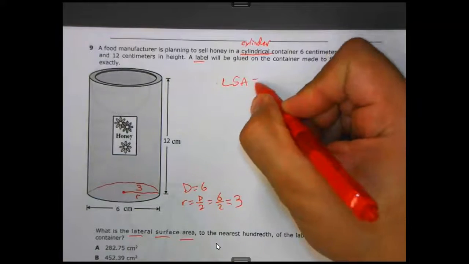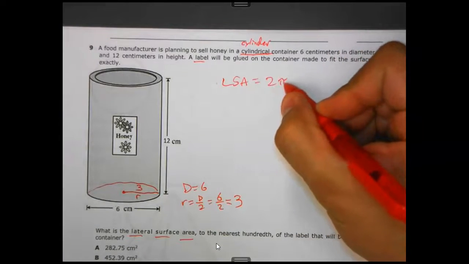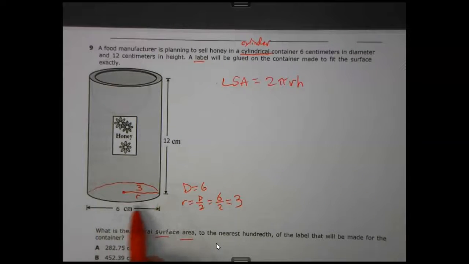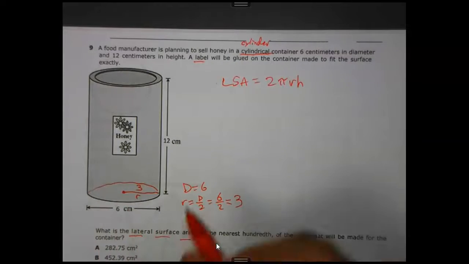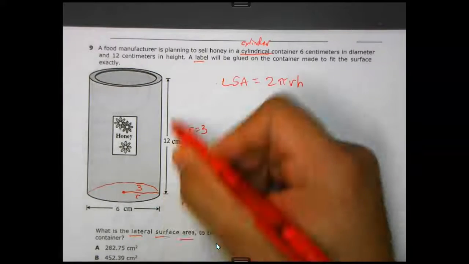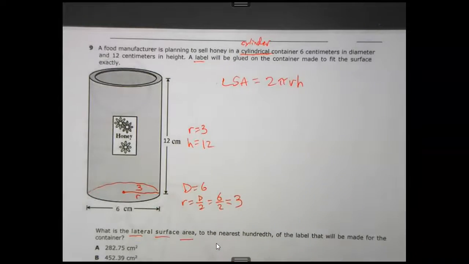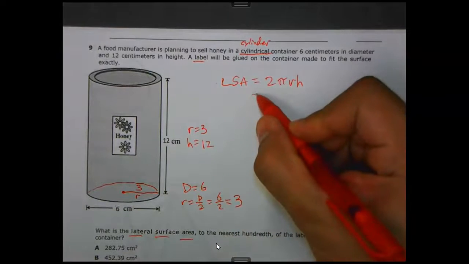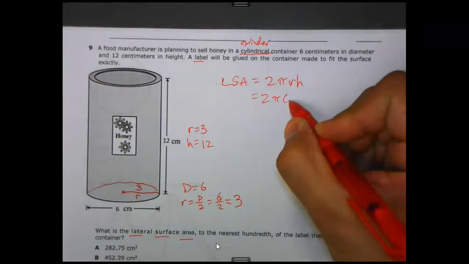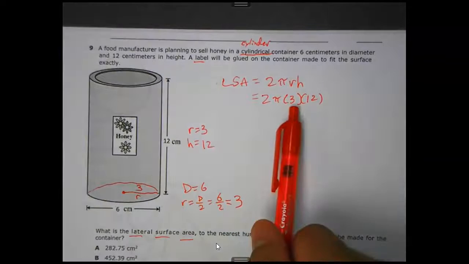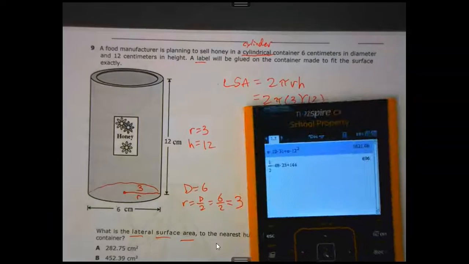We already figured out R: halfway across the diameter is 3, so R equals 3. The height is labeled here already as 12. And that's all I need for this, r and h, right? So 2 pi, 3, and 12. 2 pi rh. Just plug it into our calculator here.